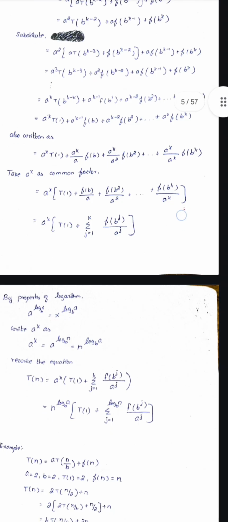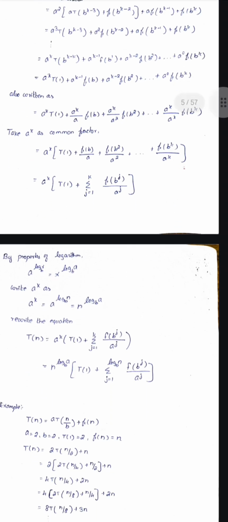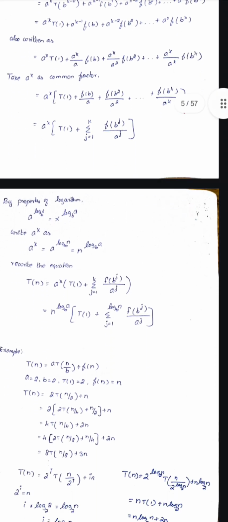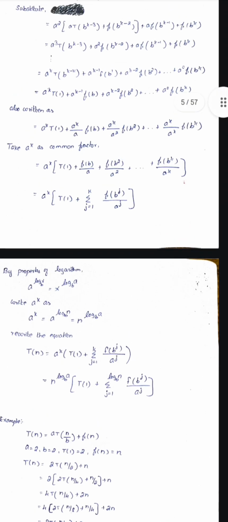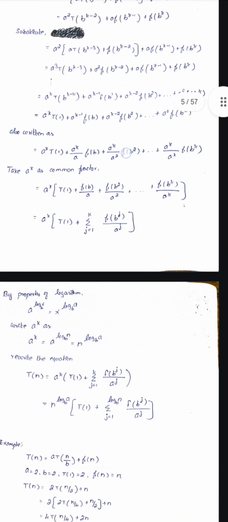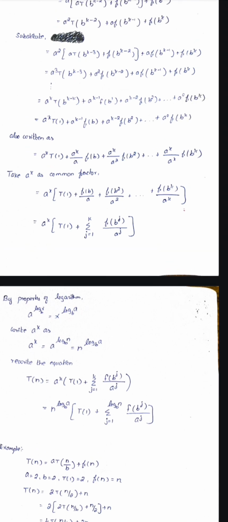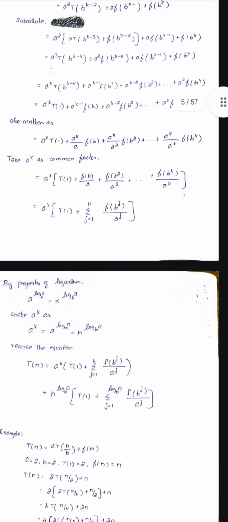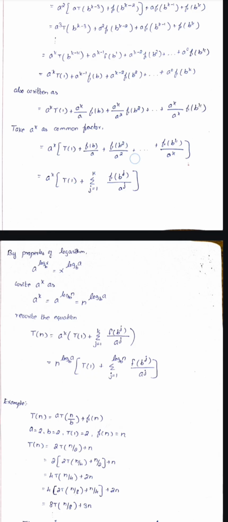Then again, continuing the same way, it can be written as a^k T(1) going down to a^(k-1) f(b) + a^(k-2) f(b^2) + ... + a^0 f(b^k).